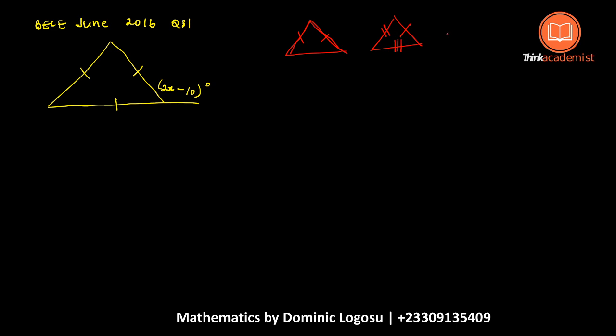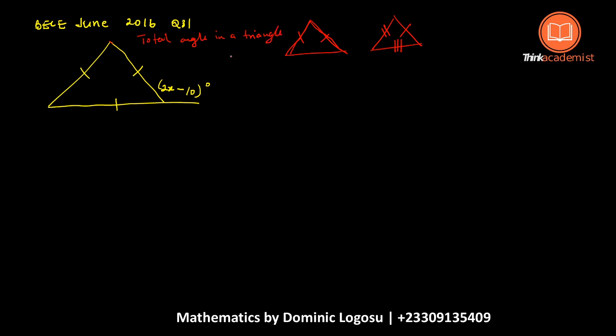So let's quickly look at this. When we look at this carefully, we realize that we have the same mark, one stripe, on each side of the triangle, which tells us that this is what? An equilateral triangle. Remember the total angle in a triangle should be 180 degrees.